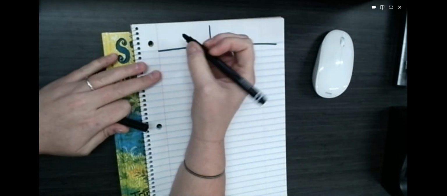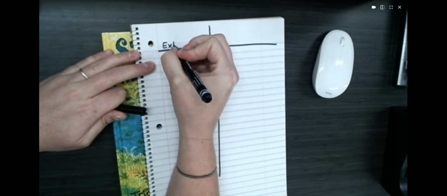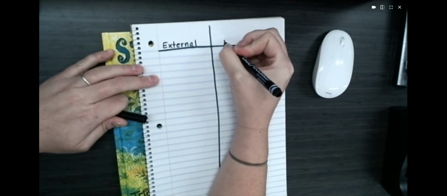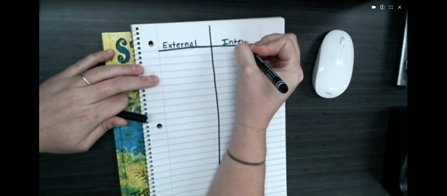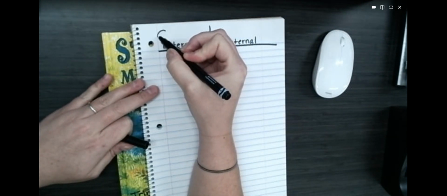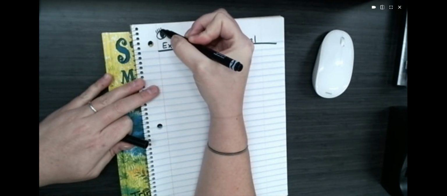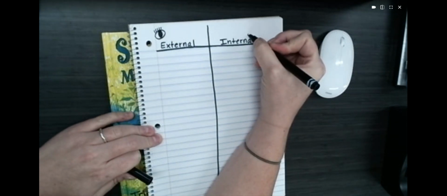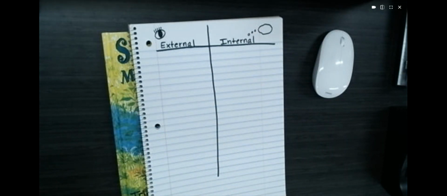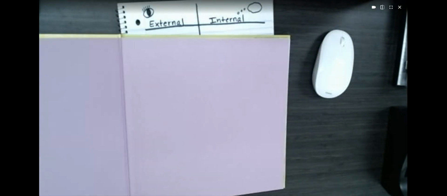These are going to be my external character traits, and these are going to be my internal character traits. Remember, the external character trait is what we see with our eyes. Our internal character traits are what the character is thinking or feeling. So let's look at Molly Lou. Let's find some character traits.